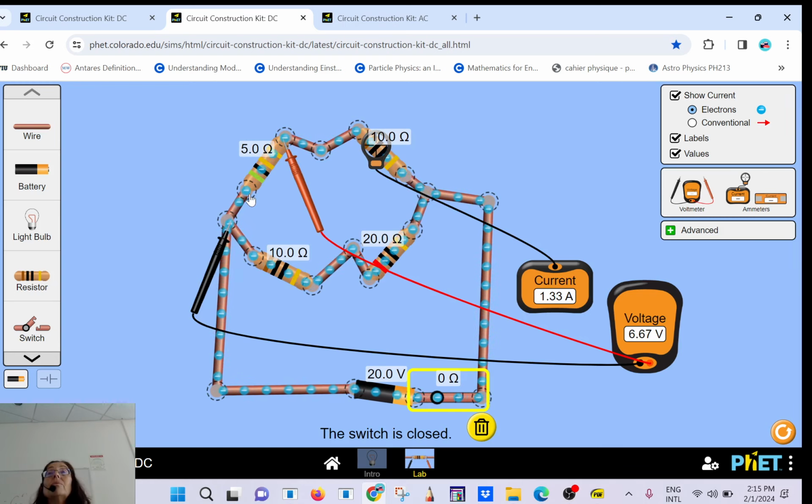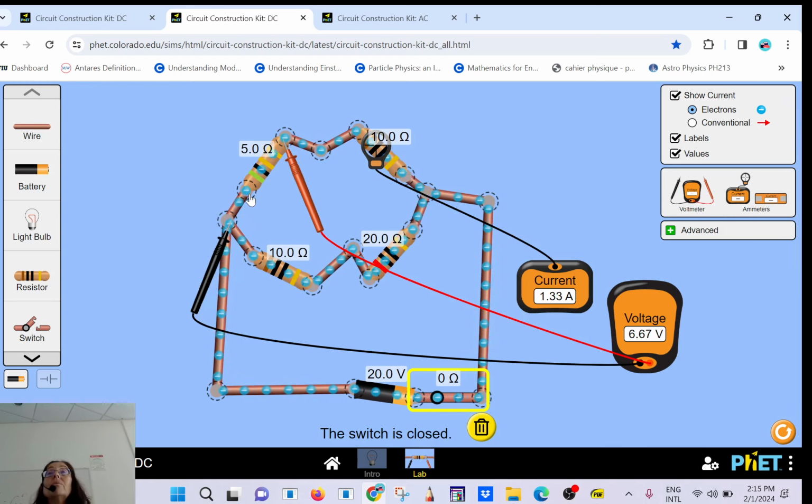And let's say now the charge is 1 coulomb. How many electrons do I have? The charge of an electron is 1.6 times 10 to the negative 19. So you need to find n. See what you get?